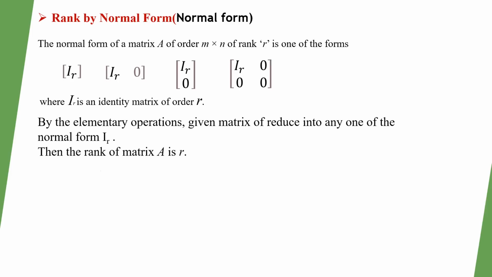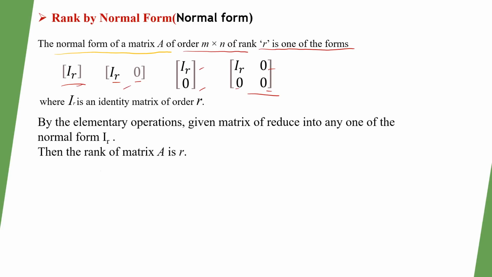Now the rank by the normal form, or we say canonical form. First we have to discuss what the normal form of a matrix is. The normal form of a matrix A of order, suppose, m cross n, of rank R is one of the forms I_R, [I_R 0], [I_R; 0], and [I_R 0; 0 0].